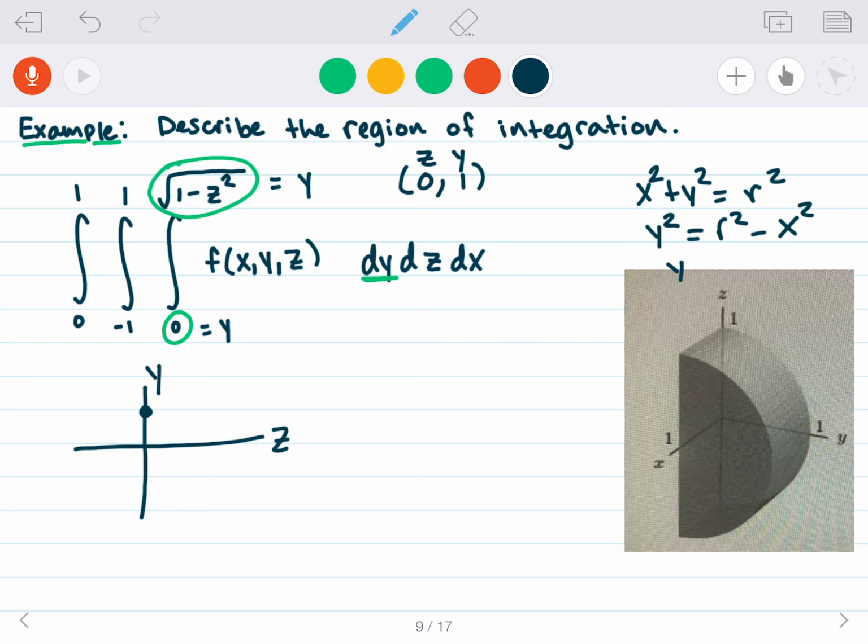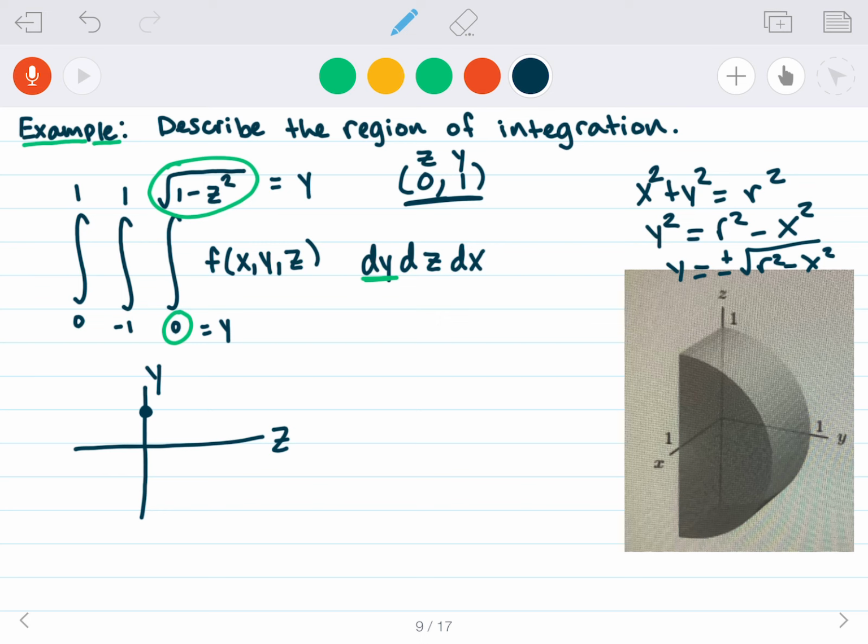Take the square root, y is equal to plus or minus the square root of r squared minus x squared. So it looks like this, right? That's what I'm trying to get at here, is that this looks like that. So it's a half circle. And so I'm just plugging in some key points here to see what the picture looks like. One of those key points is when z equals 0, y equals 1.